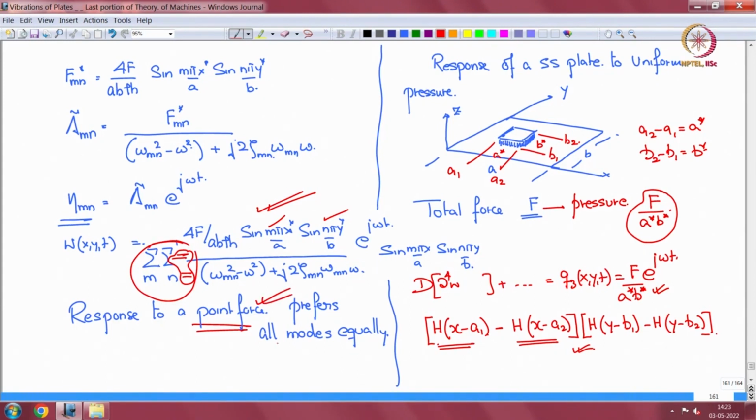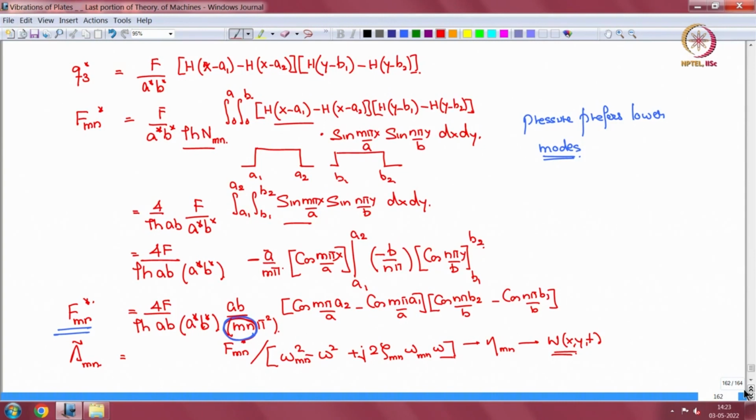And so we say it prefers all modes equally. Then we looked at response to pressure. What happened in pressure? We got mn in the denominator, the mode indices product in the denominator. So therefore, if m and n go large, then the response is lower. So that means pressure prefers lower modes.